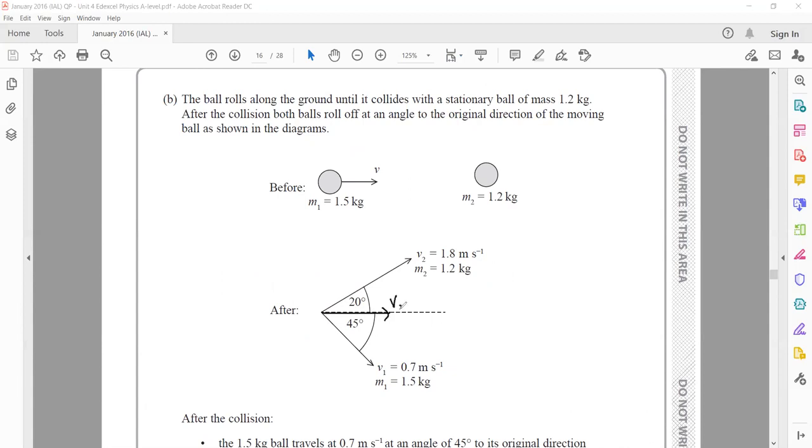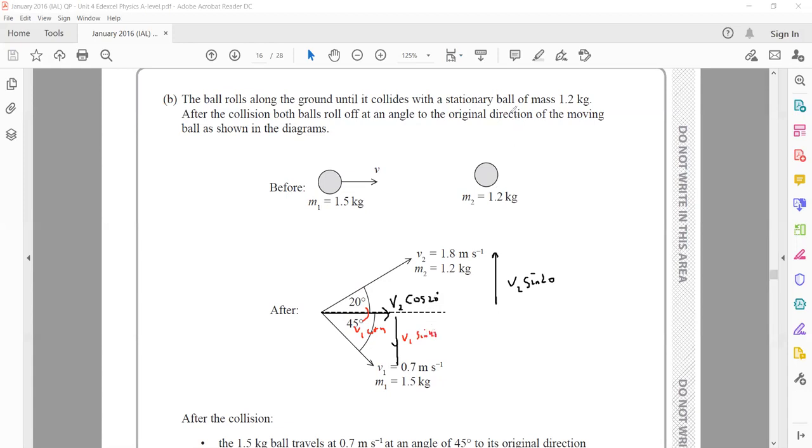This will be V2 cos 20, and, drawing the angle a bit away, to distinguish, this will be V2 sin 20. And this one is also along the angle, so this will be V1 cos 45 and this will be V1 sin 45.